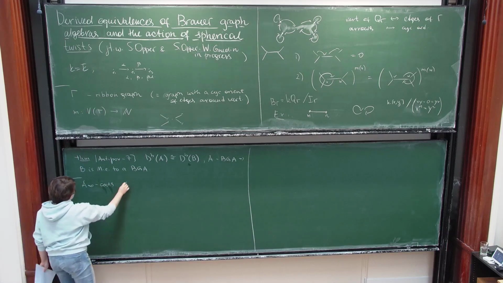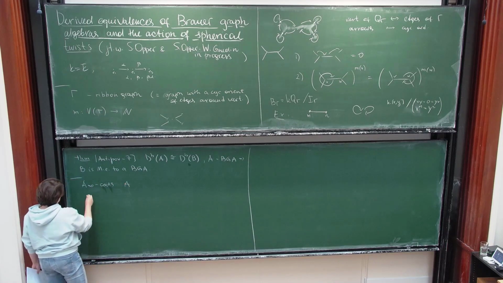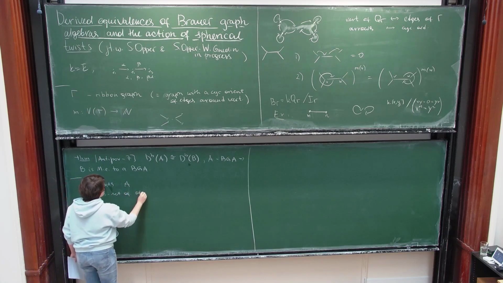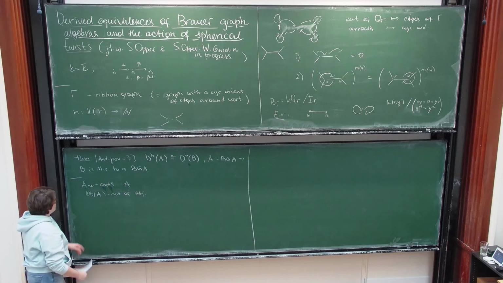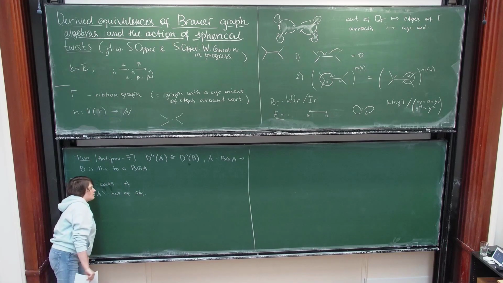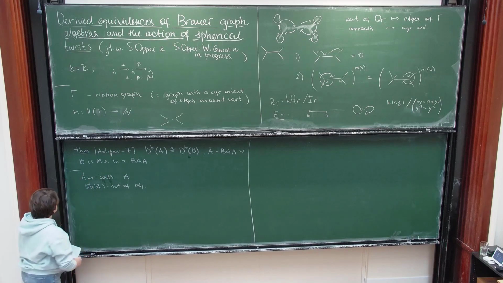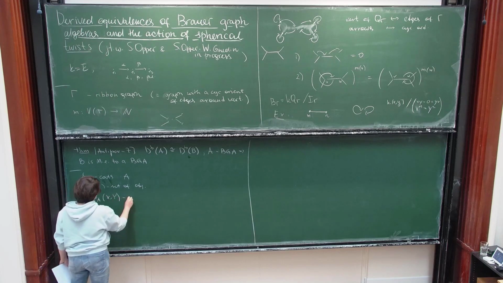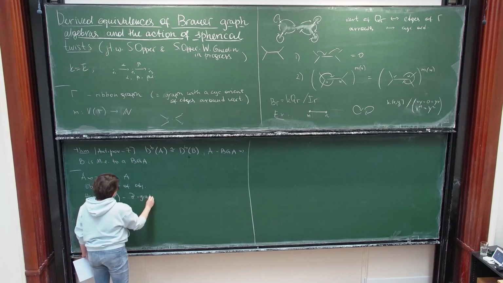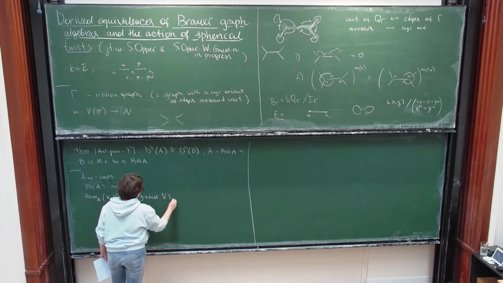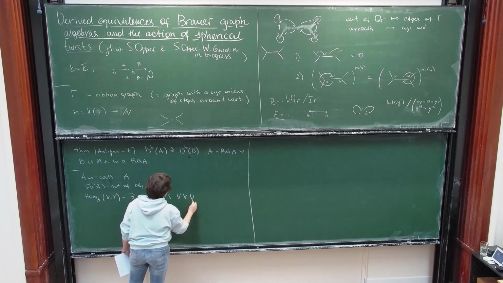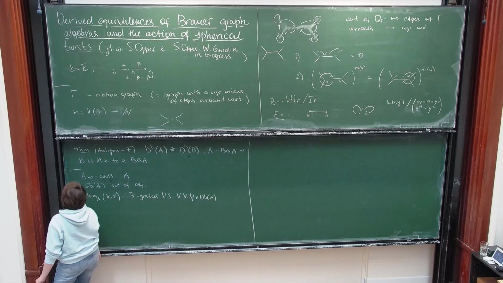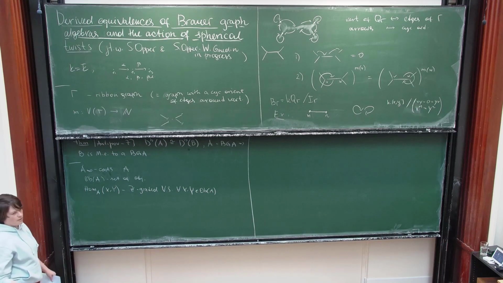For that, we are going to have a set of objects. And then for every pair of objects, we have the space of morphisms, which is going to be a Z-graded vector space. And then instead of just one composition, we are going to have infinitely many operations.